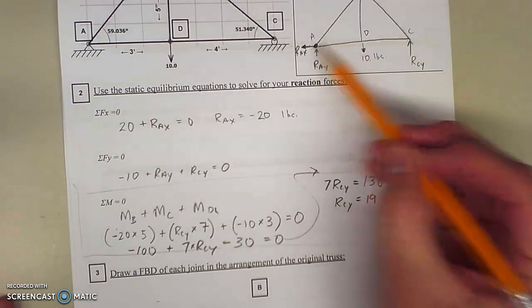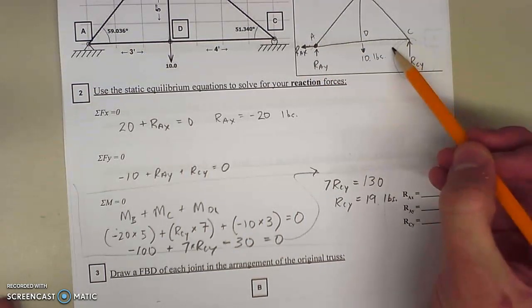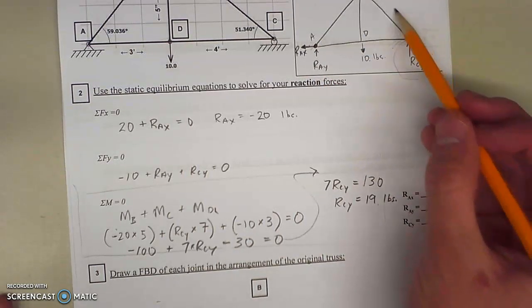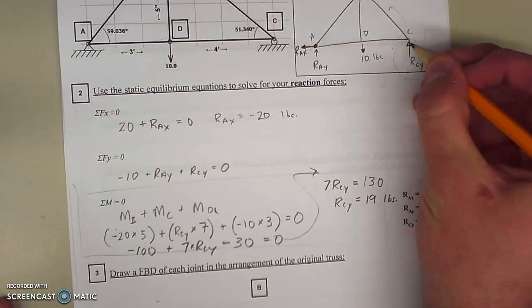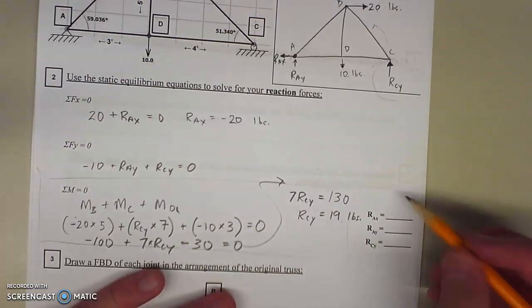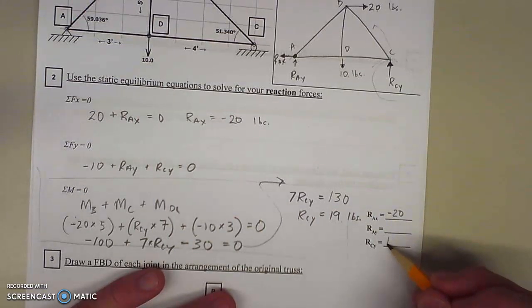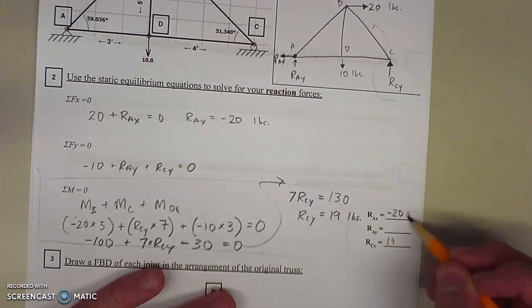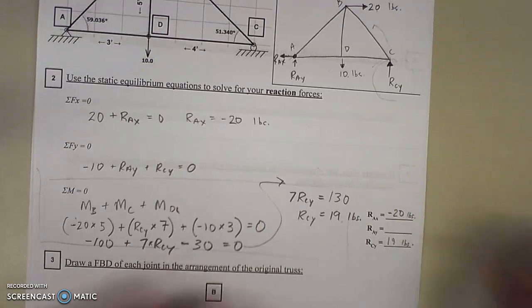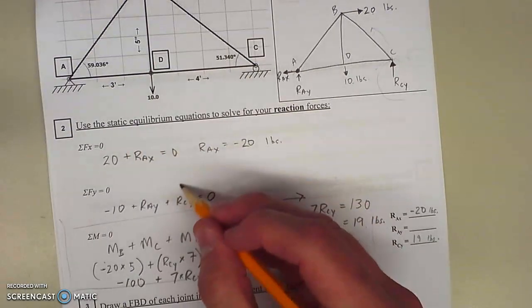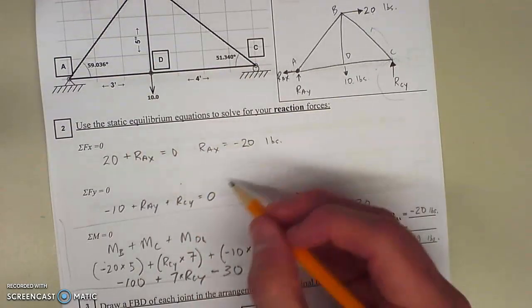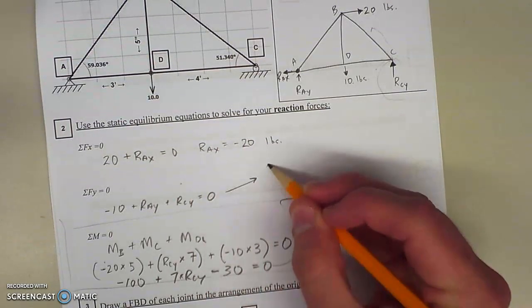So that means I need this force to cause a counterclockwise rotation, in which case I know that it's pointing up. So what have I figured out? RAX is negative 20. RCY is 19. So I plug in 19 here. Let's draw this over here.